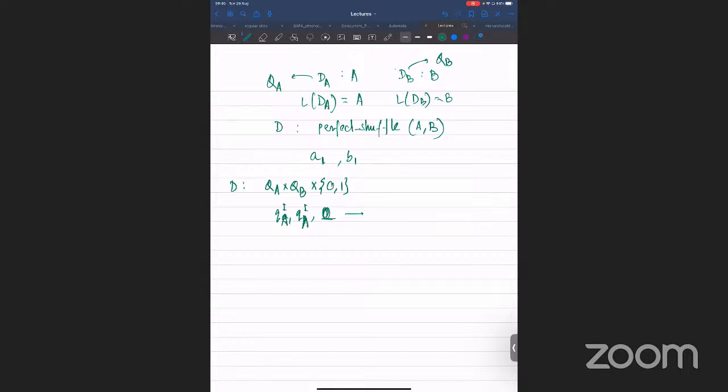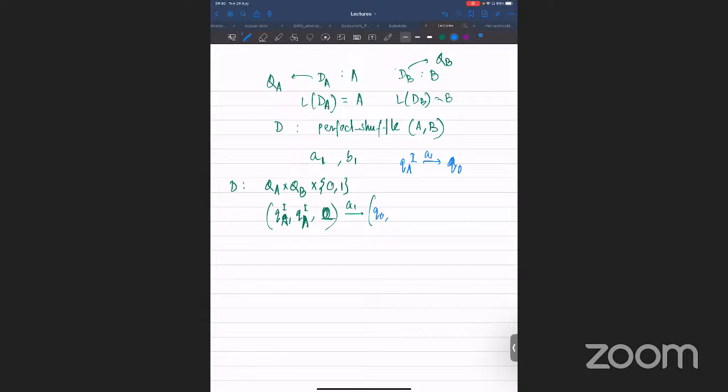and let's say I start with this 0, and then it will read the A1, okay? And then it will just change the state corresponding to this automaton. So let's say you had something like this, QAI on A1 goes to, let's say, Q0.